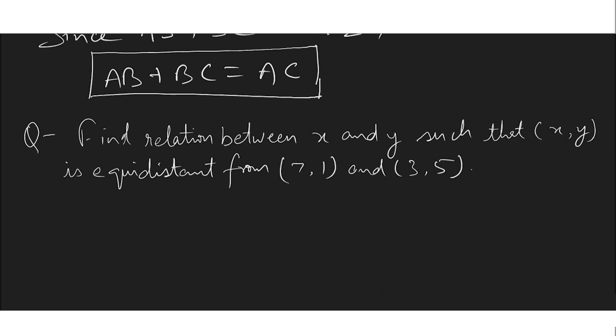A point which is represented by (x, y), and that point will be equidistant from (7, 1) and (3, 5). We have to find such a relation in x and y. Again, pause the video, try the solution, and then see the answer.